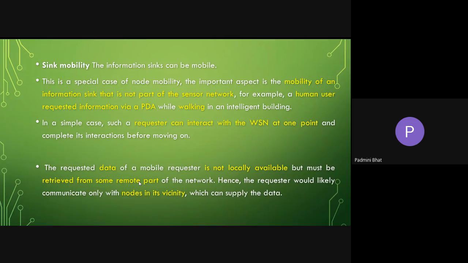Relating it to the example I gave, the source is trying to reach the destination, the sink, but it is not in the range where it can communicate directly. So it will find nodes in its vicinity, transfer the data to the neighboring node, and the neighboring node will take the responsibility of transmitting it further.